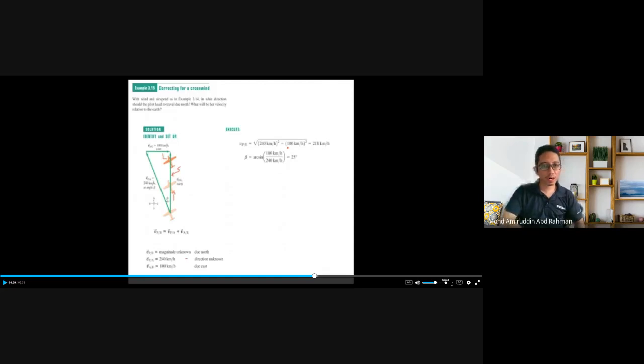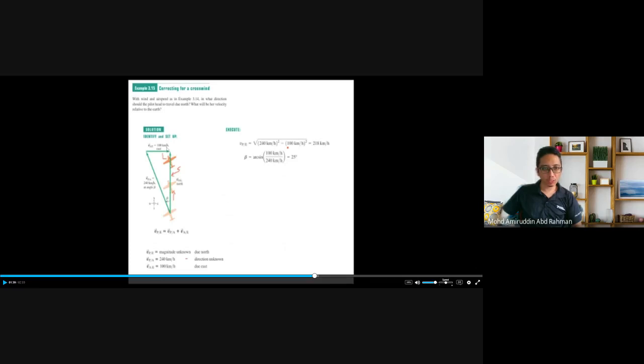So the arc sine will be, we take the side of the VAE, which is 100, and then divide that with the hypotenuse, which is 240 km per hour. So we get that as 25.